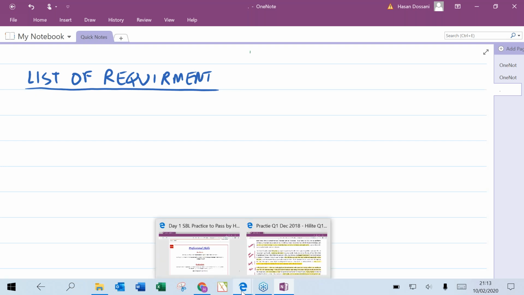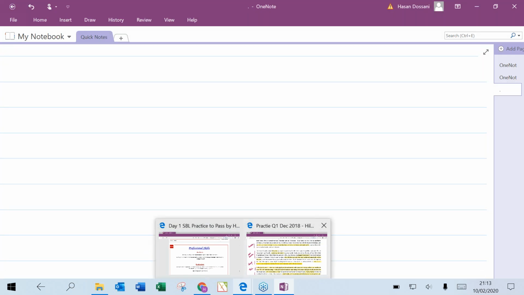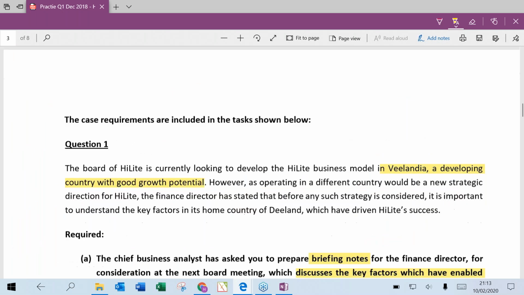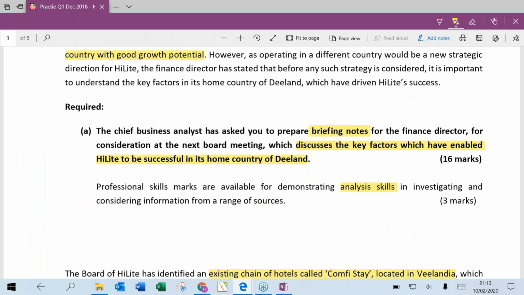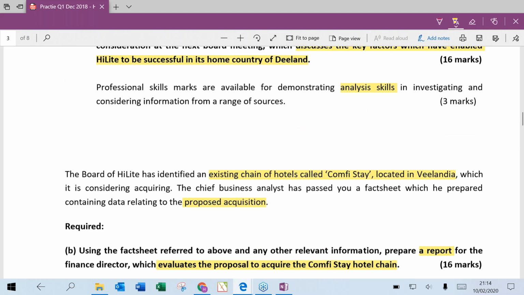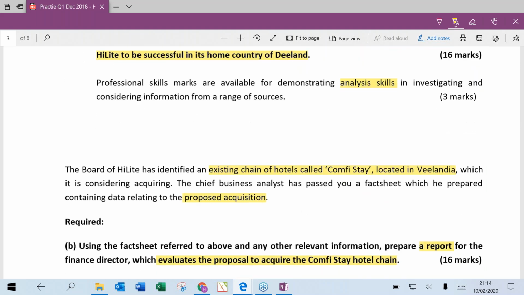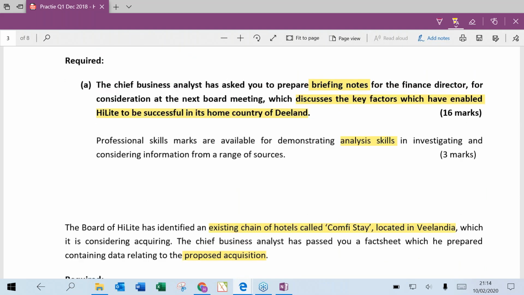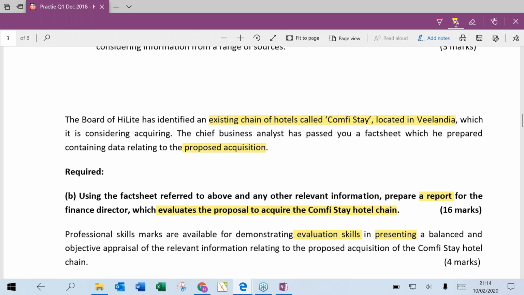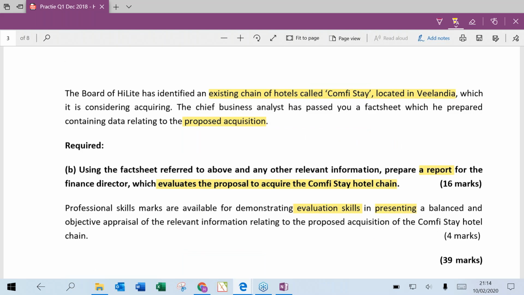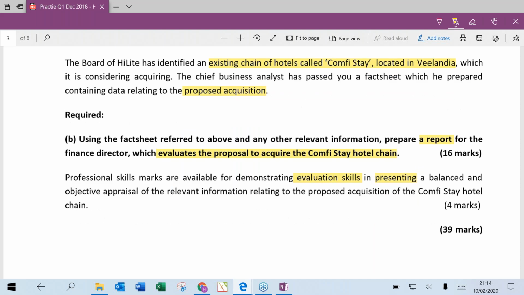Right, list of requirements. What do we do now? I will just quickly go to the question. I don't want to rely on my memory. 1A, success factors. And how much is the marks for success factors? 16 plus 3 professional, 19 marks. And 1B is evaluate the proposal to acquire. How much is the marks? 16 plus 4, 20 marks.